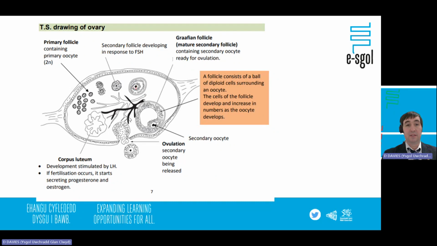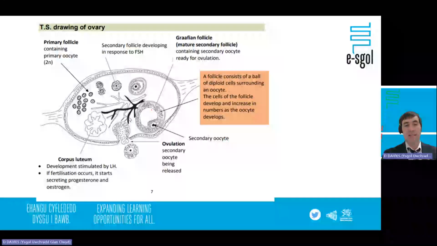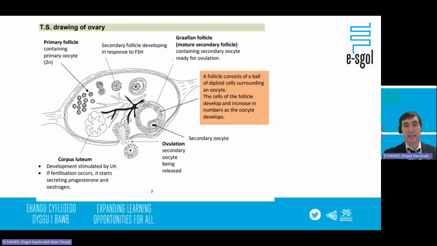So the secondary follicle contains a secondary oocyte. All the while, this is getting bigger and bigger, and by the end what you have is something called a Graafian follicle. This is a mature follicle. It contains a secondary oocyte, this bag of fluid, and these cells that surround the oocyte.